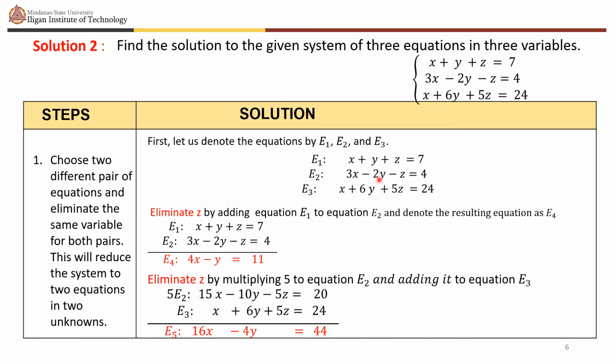Then you have minus 2y times 5 will give us negative 10y, negative z multiplied by 5 is negative 5z. 5 times 4 is 20 here. And then add it to equation e sub 3. So 15x plus x is 16x, minus 10y plus 6y is negative 4y. And we're able again to eliminate z here. And we have 20 plus 24 is equal to 44.